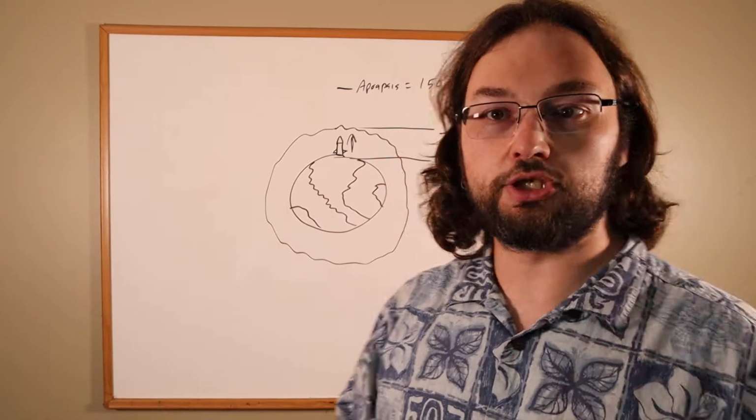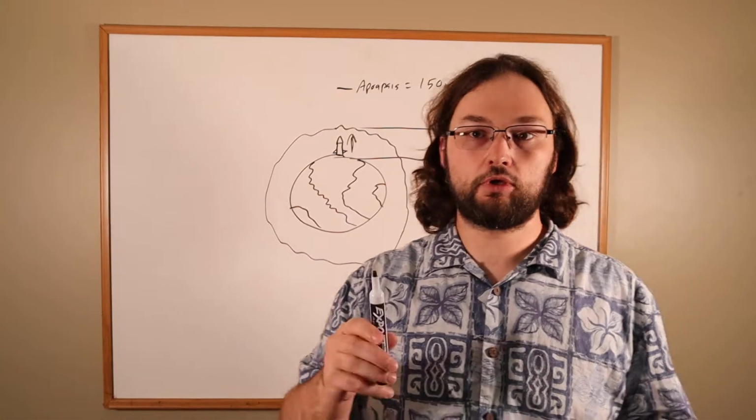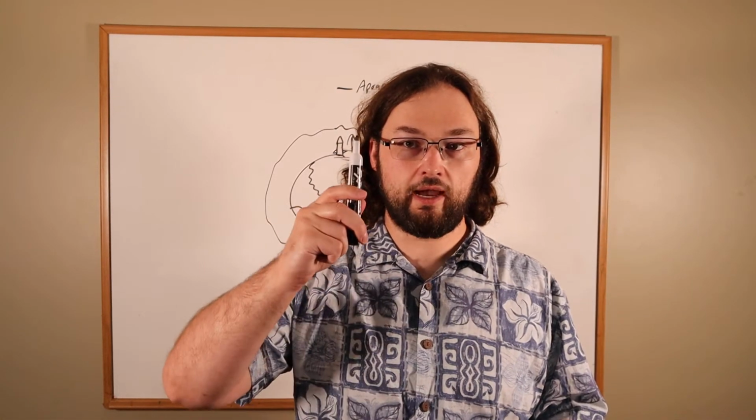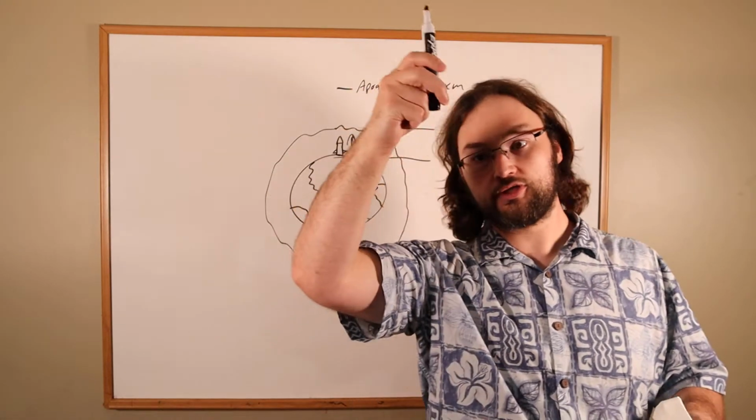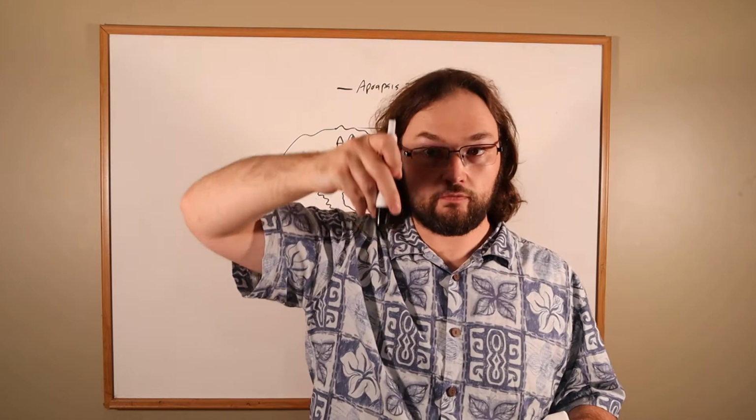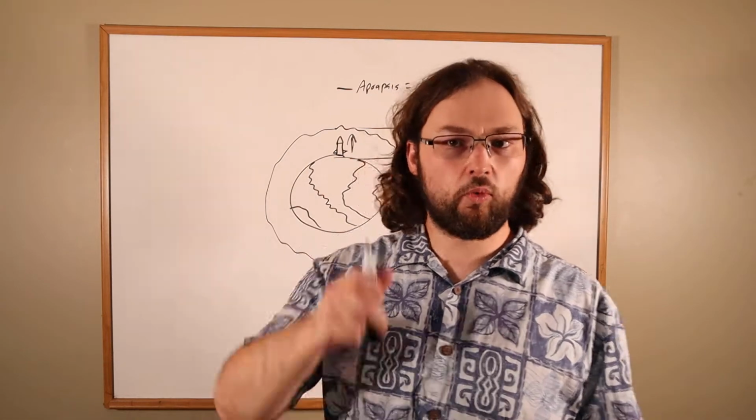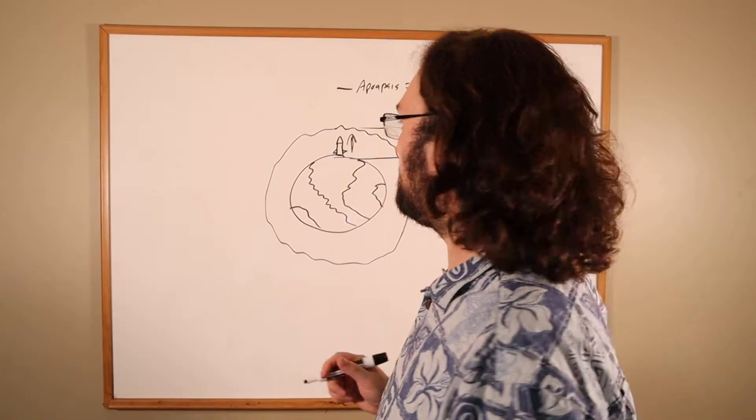And then we shut off the engines and we wait for the rocket to coast. It's going to slow down as it's going up, and then when it gets to 150 kilometers, it would stop and start falling straight back down. We don't want it to stop and fall straight back down.